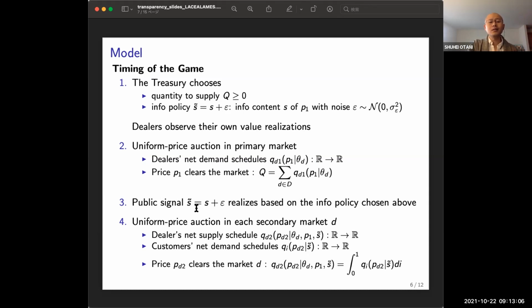It discloses the realized informational content of the primary market price, but with a pure noise realization. Okay. Then secondary market opens. Each dealer creates a secondary market and resells the securities to the customers. Okay, so she submits supply schedules, and her customers submit demand schedules. Then price is determined to clear that market.